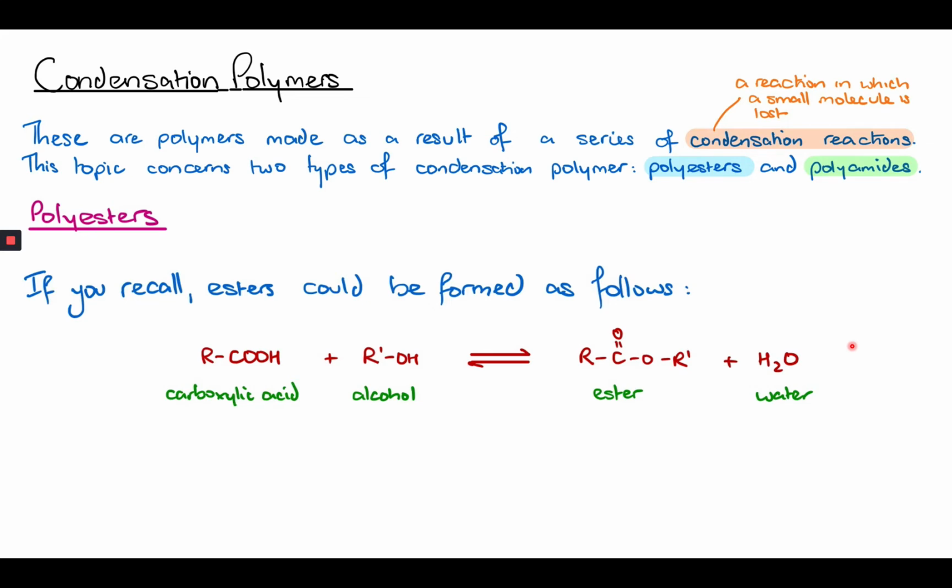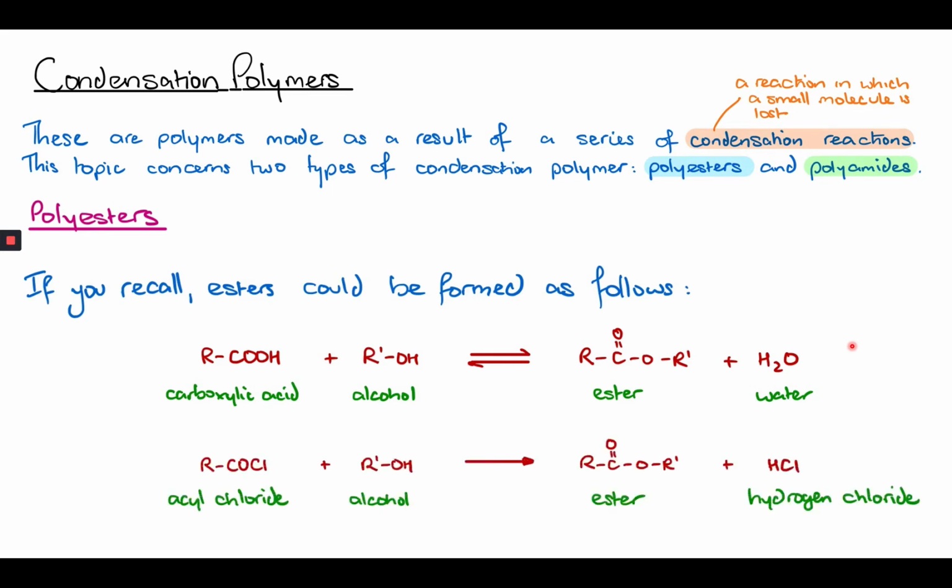But it wasn't the only way we could make an ester, and the other way of making an ester was to use an acyl chloride and react it with an alcohol. Again, we got the ester, but this time the small molecule that was lost was hydrogen chloride.